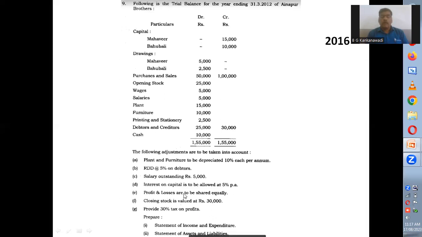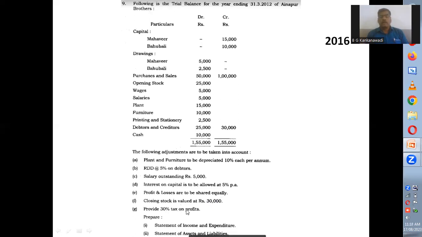Then profit and losses are to be shared equally. Whatever profit balance remains in the income and expenditure account at the end, you distribute equally between Mahavir and Bahubali. Closing stock comes under the balance sheet asset side under the head inventory.